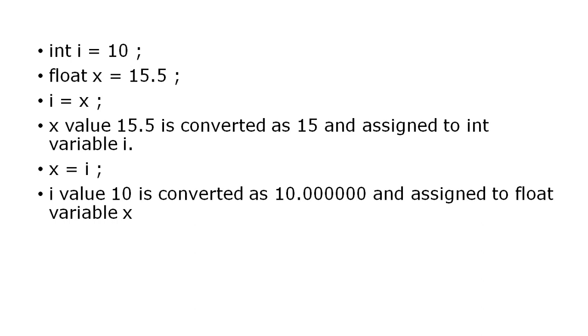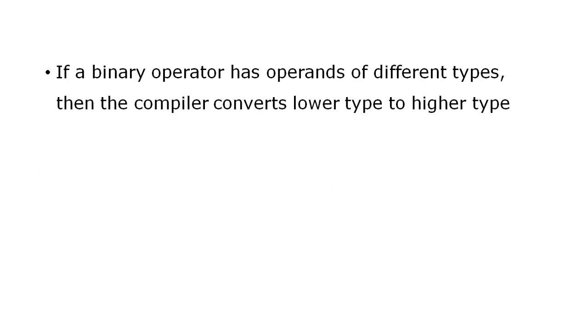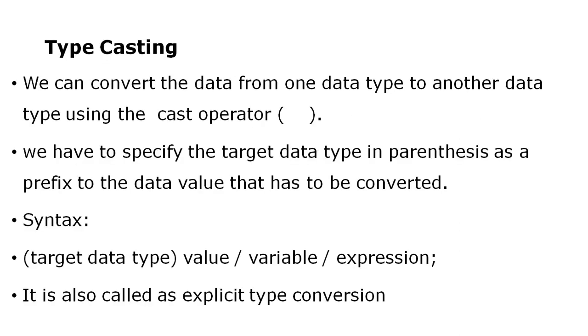When x equals i, the value of i is 10, so it is converted to 10.000 and assigned to float variable x. So this is called implicit type conversion. If a binary operator has operands of different types, then the compiler converts to the lower type.